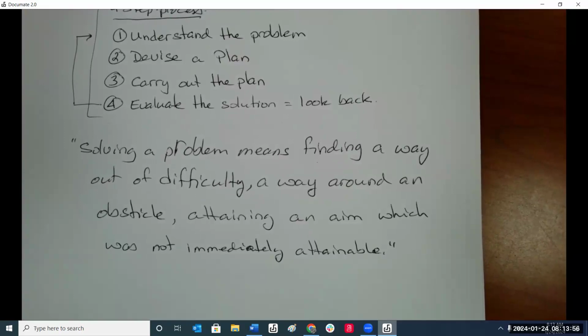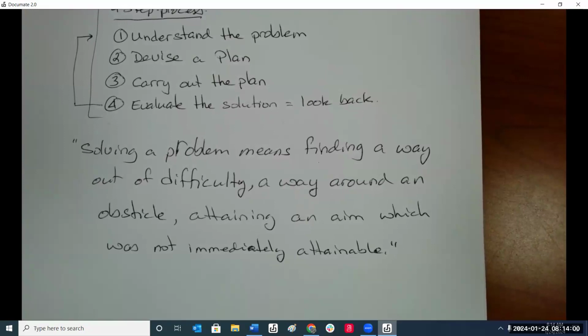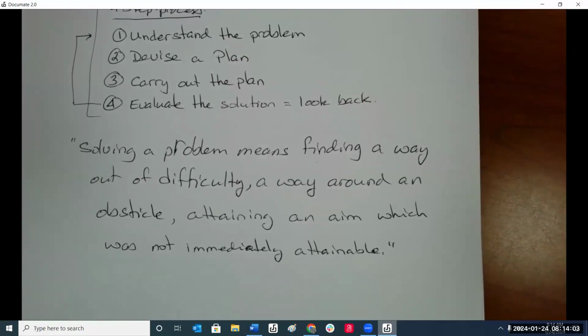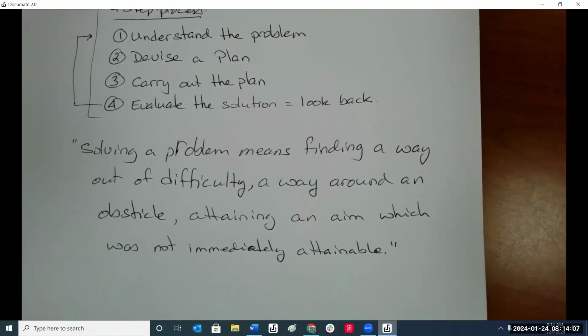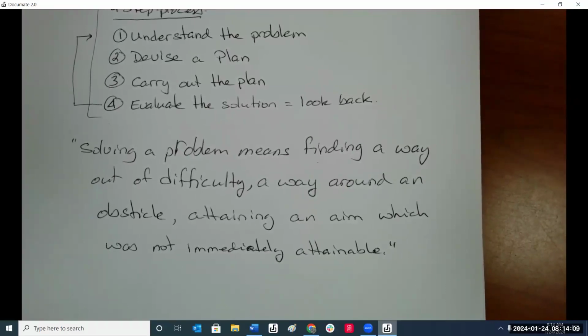Maybe not you finding it, but with your trial and error, somebody else will use your information and find a way out around it. Case in point, electricity, light bulbs. For so many centuries, people have been trying to figure out how to make light last longer than a candle or an oil pot. So they kept on working on ways. And then eventually, well, it wasn't really Edison, but it was one of his minions that discovered it, and he just took credit for it.